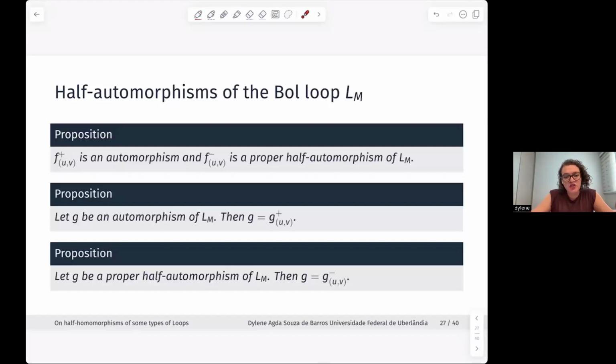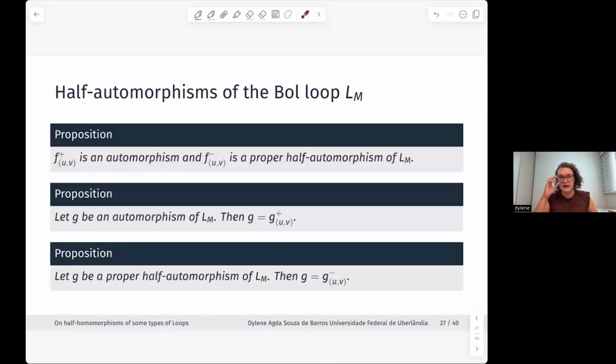And if G is a proper half-automorphism, then G is G minus. So we could split every half-automorphism of Lm into a part which is an automorphism and a part which is a proper half-automorphism.